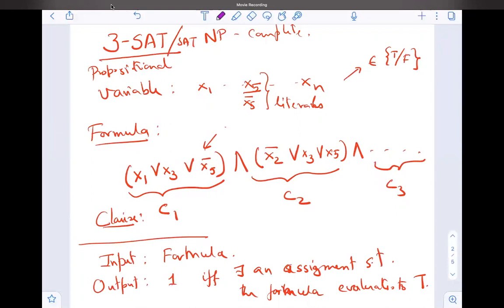Correct. So at least one of the literals under each clause must be true.